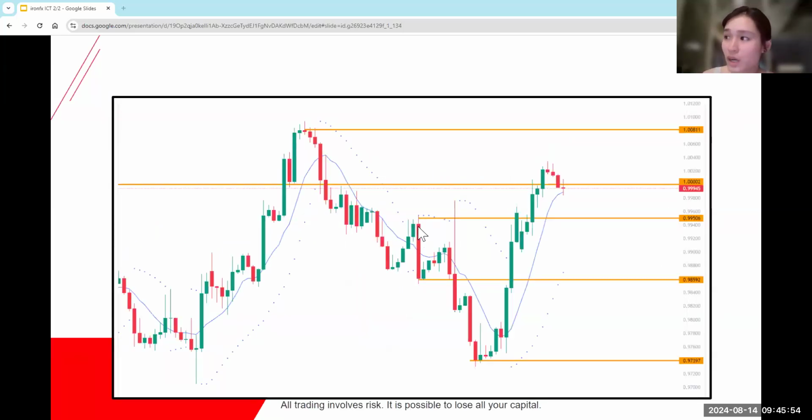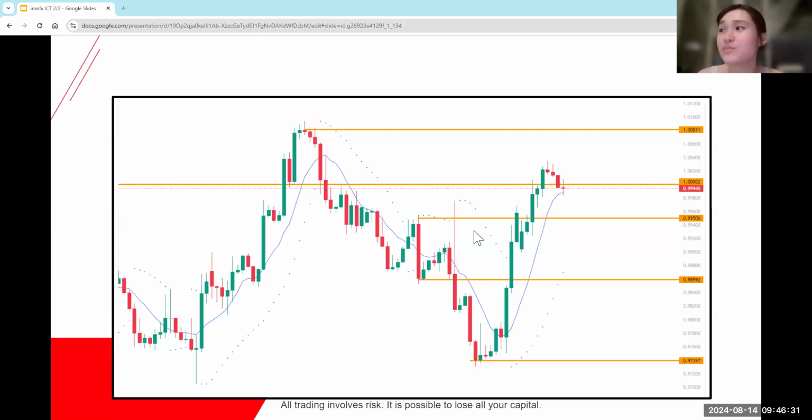In this example as well, we're using, again, parabolic SAR, moving average, and support and resistance levels. For the support and resistance levels in this example, we're basically looking at overlap levels. Overlap levels are levels where swing highs and swing lows line up. We're also looking at pullback levels.